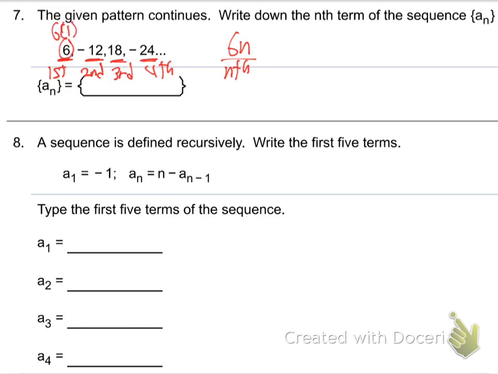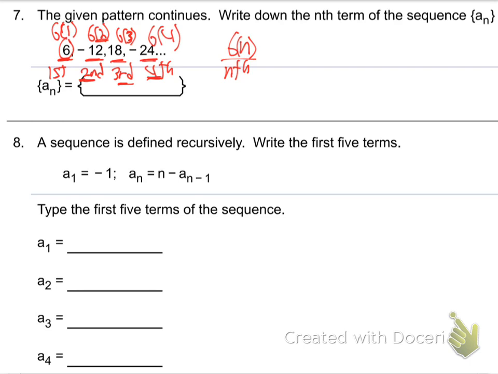And isn't this 6 times 2? The second term is 6 times 2. And isn't this 6 times 3? The third term is 6 times 3. So in general, it's just 6 times n. See the pattern? Whatever your term, like the fourth term is 6 times 4. So the nth term is 6 times n.